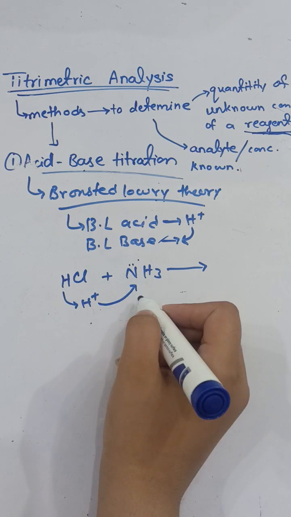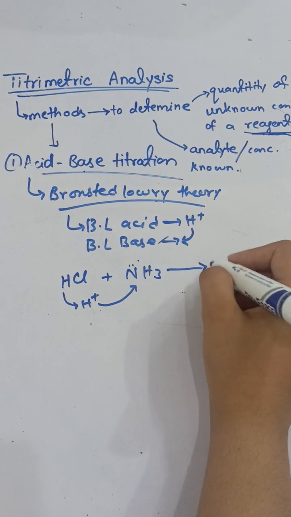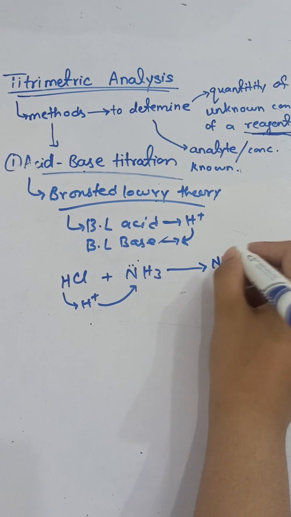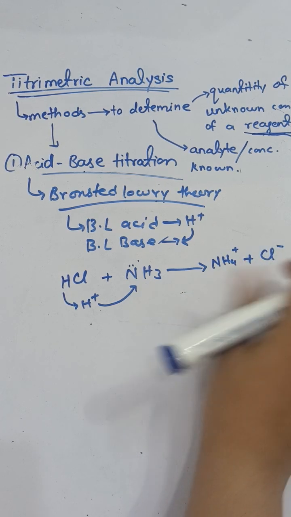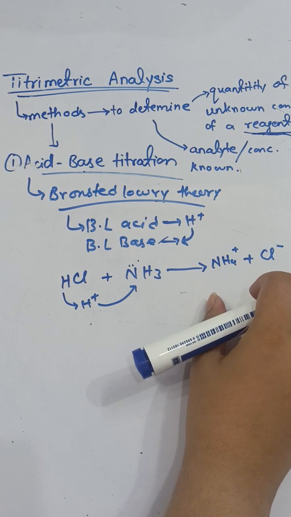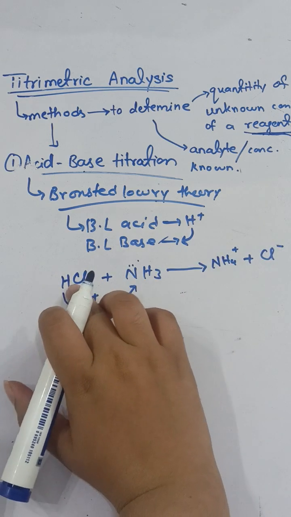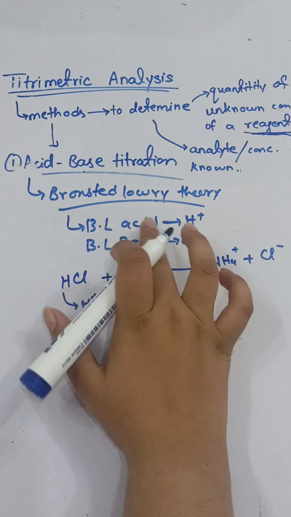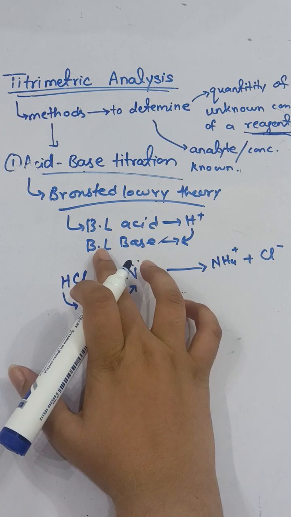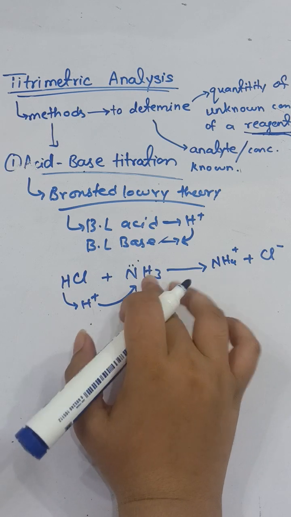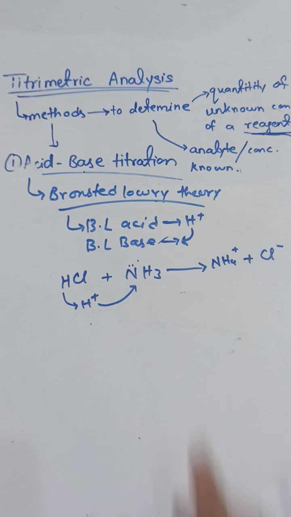It will accept this hydrogen, and the result will become NH4 positive, having 4 hydrogen atoms, plus Cl negative. The charges will form at the end. So HCl is a Bronsted Lowry acid because it donates hydrogen, and the Bronsted Lowry base is NH3 because it accepts the hydrogen ion.